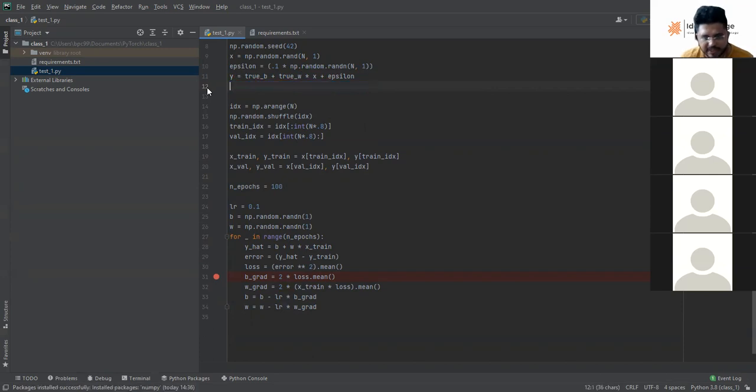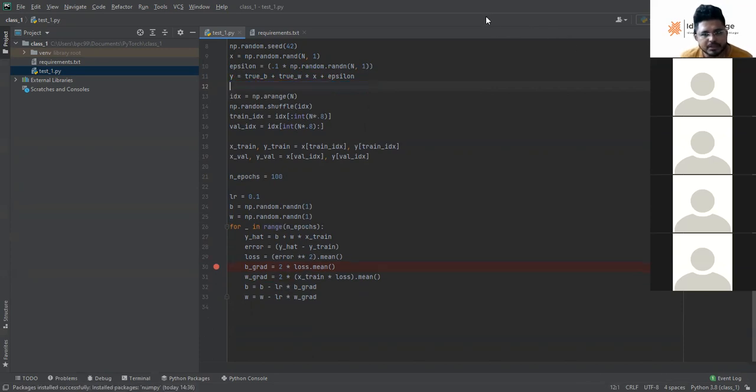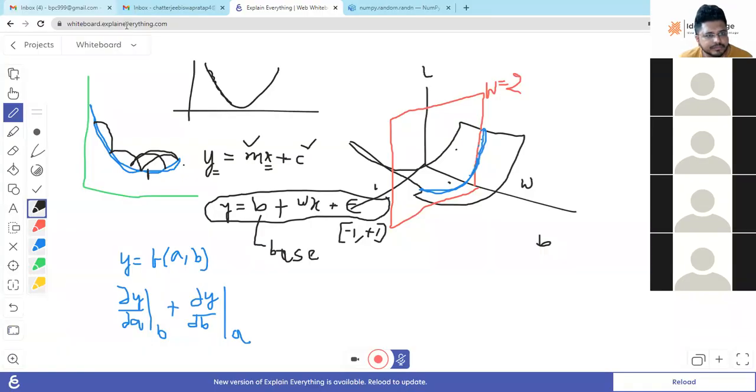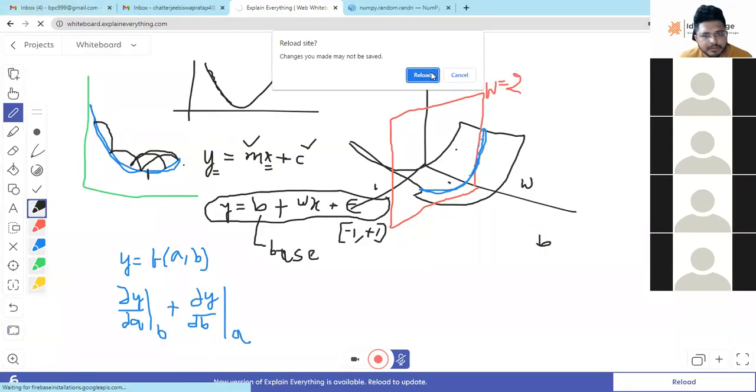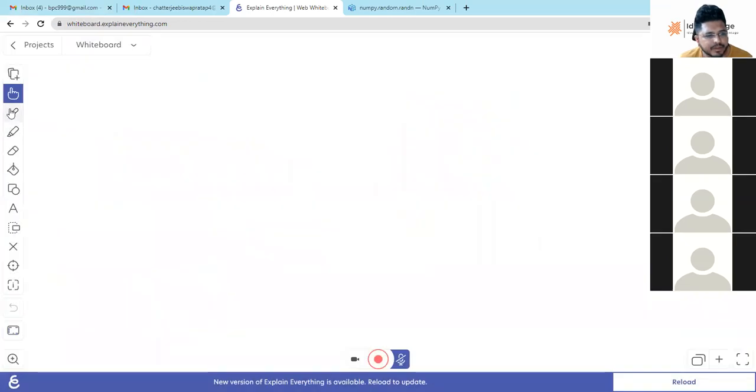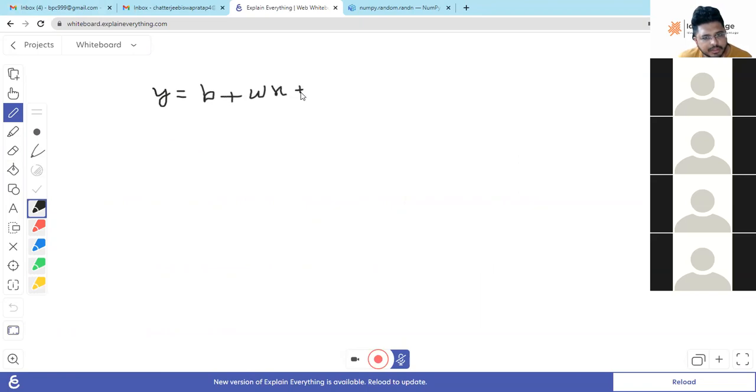So I'll do a diagram and show you. So y is equal to b plus w x plus epsilon.